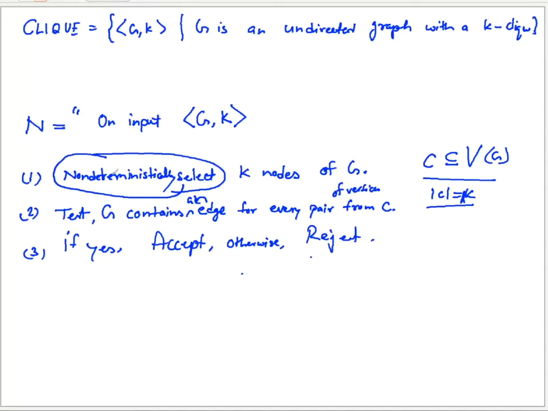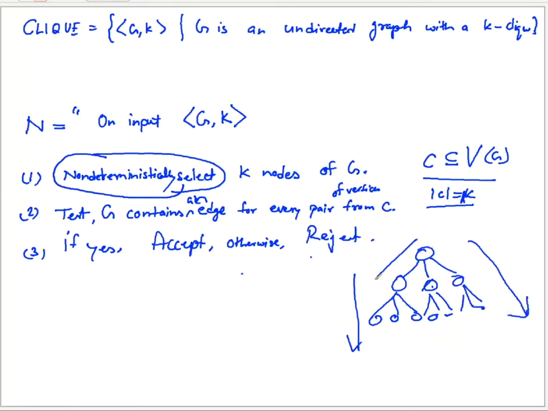Okay, so again, when you said non-deterministically select, out of all possibilities, always visualize it in this branching way. Whatever possible subsets of k nodes can exist, each of those subsets can be drawn in the form of this branching tree, right? Now, this non-deterministic machine selects non-deterministically one such subset.